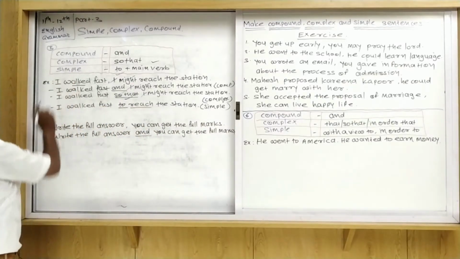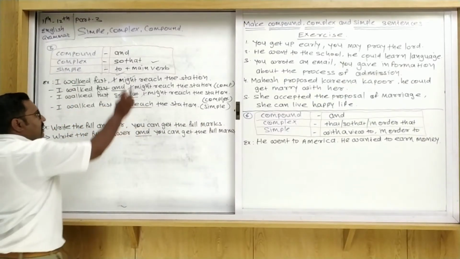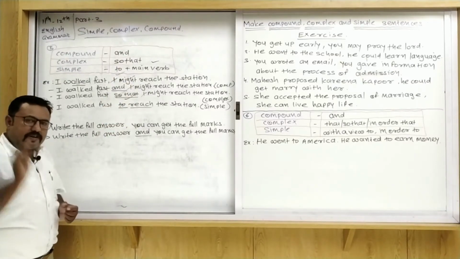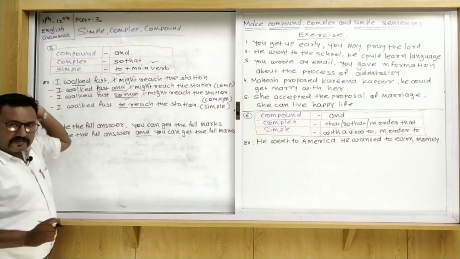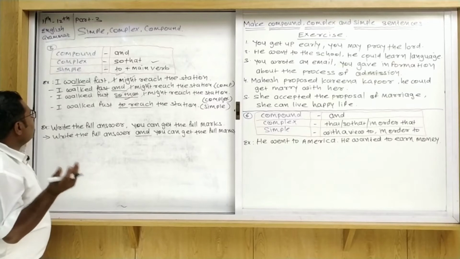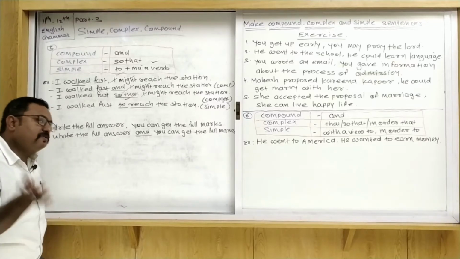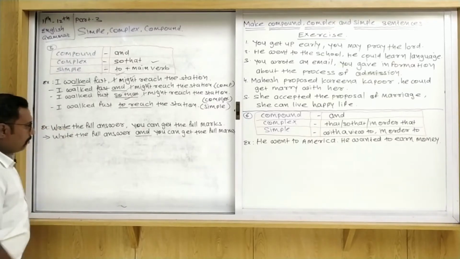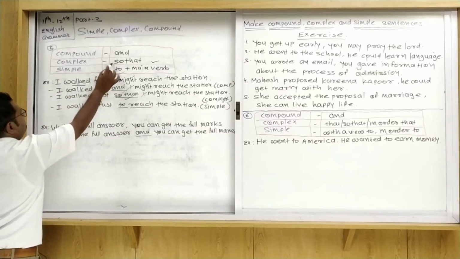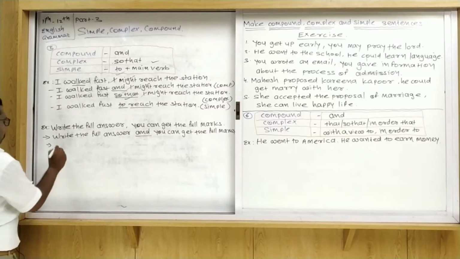Okay, now we use complex sentence. In complex sentence we use so that. So dear friend, please remember these things. When we use complex sentence, compound sentence and a simple sentence, what we use in complex, simple and compound. The third one, when we use complex sentence we add so that.